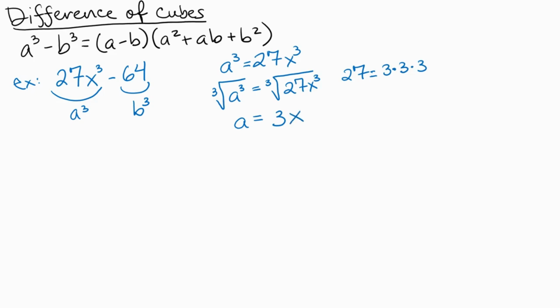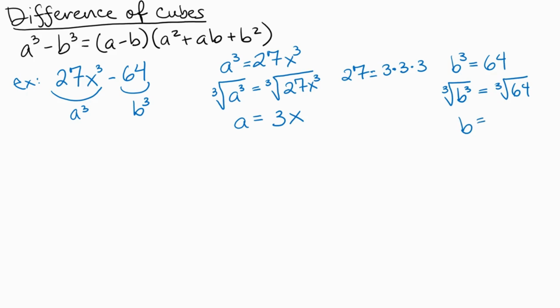All right, and then for b cubed, we have 64. We're going to do the same thing. We're going to take the cube root of b cubed and then the cube root of 64. Notice we're doing the same thing to both sides. So the cube root of b cubed just becomes b because the cube root and the cube cancel out.